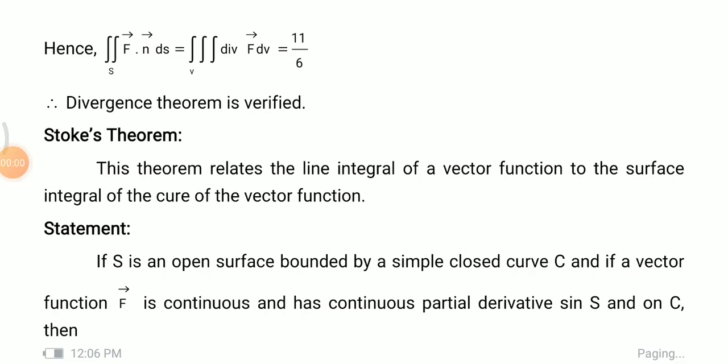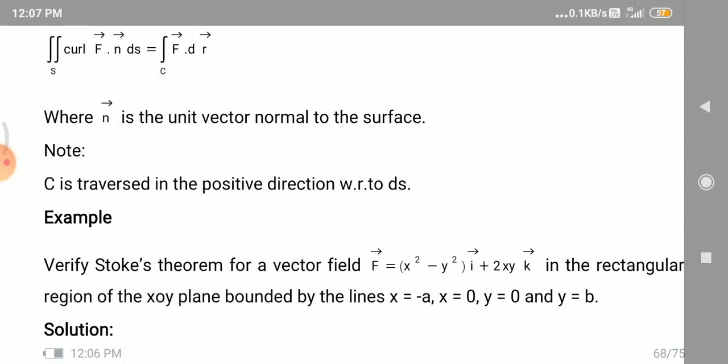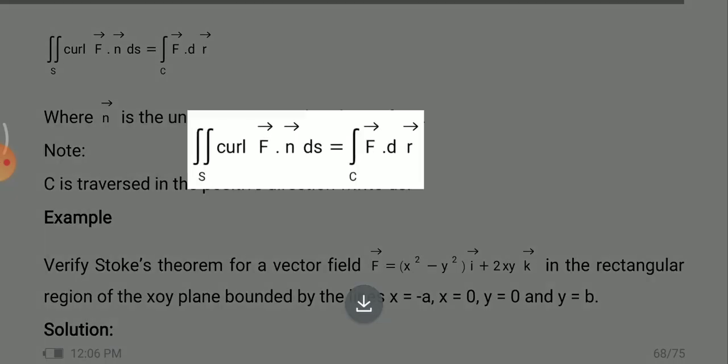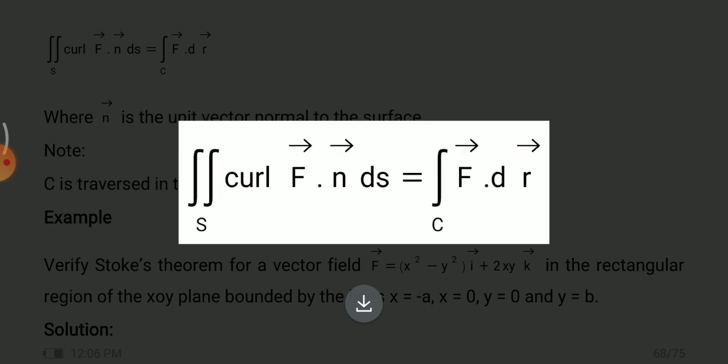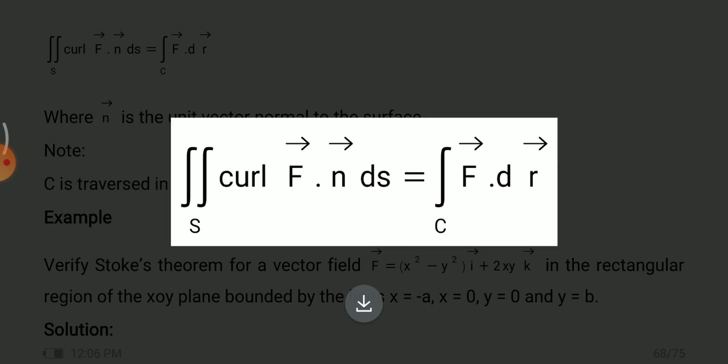Friends, today we are going to see about the topic Stokes theorem. First, we have to see the statement of Stokes theorem. If S is an open surface bounded by a simple closed curve C, and if a vector function F vector is continuous and has continuous partial derivatives in S and on C, then the main formula is double integral over S curl F vector dot n cap dS is equal to single integral over C F vector dot dr vector.